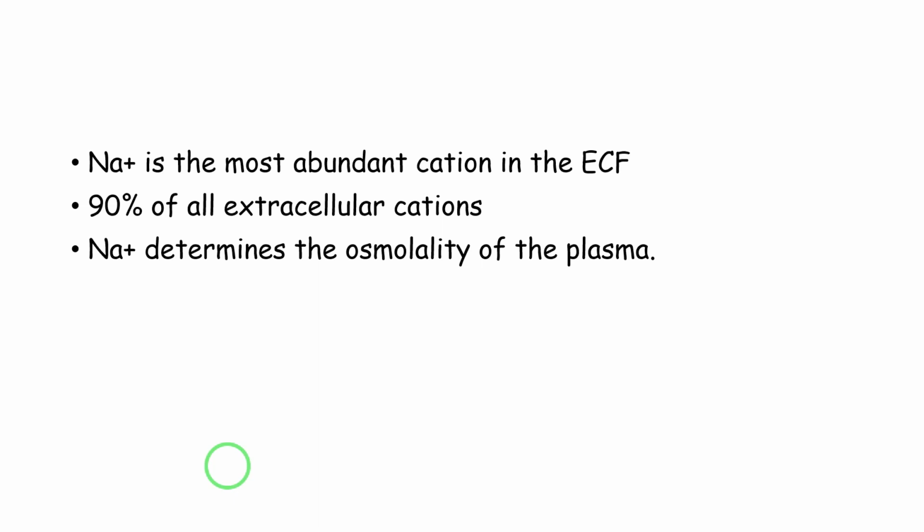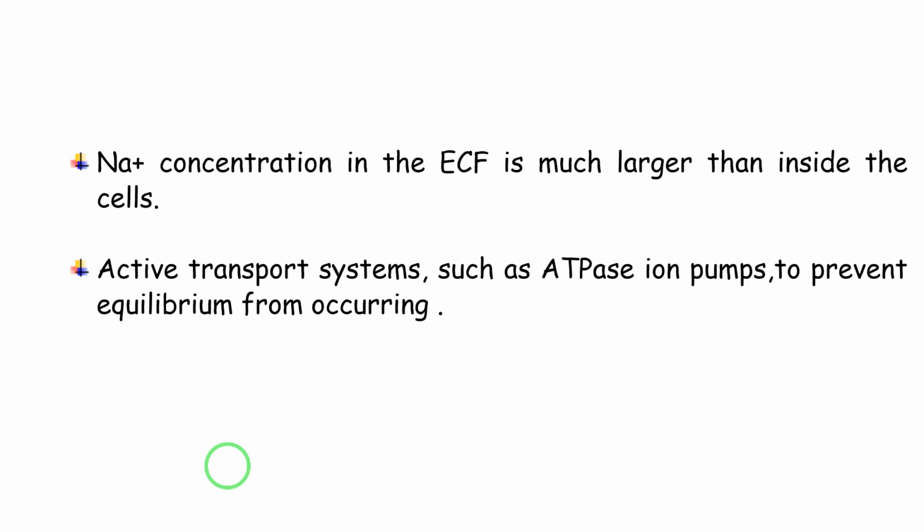Why does this occur? The purpose of this process is that if the sodium diffuses through the cell membrane, it will eventually reach equilibrium. And this is true for potassium. Potassium also will diffuse, and both of them reach equilibrium. This is very dangerous, and this must be prevented.